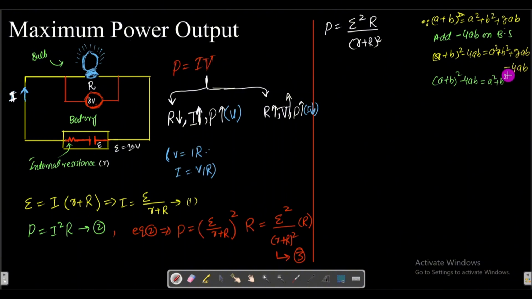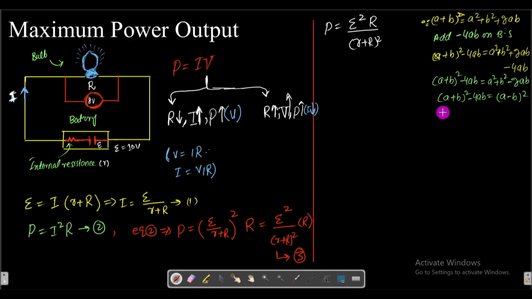Now +2AB and -4AB is equal to -2AB, and A² + B² - 2AB becomes (A - B)². So (A + B)² - 4AB is equal to (A - B)². Here we need this expression, because we have to replace it.